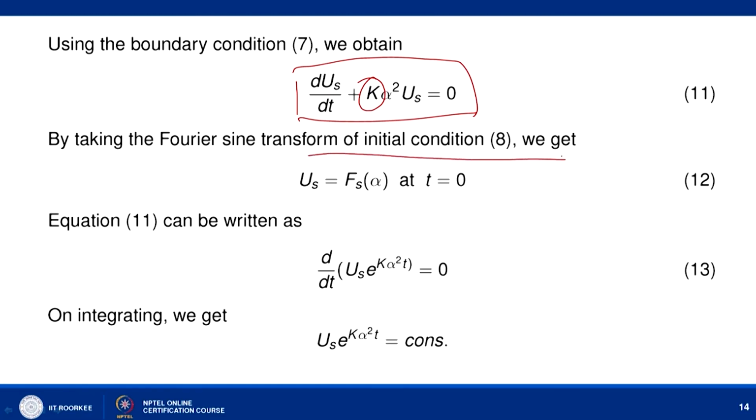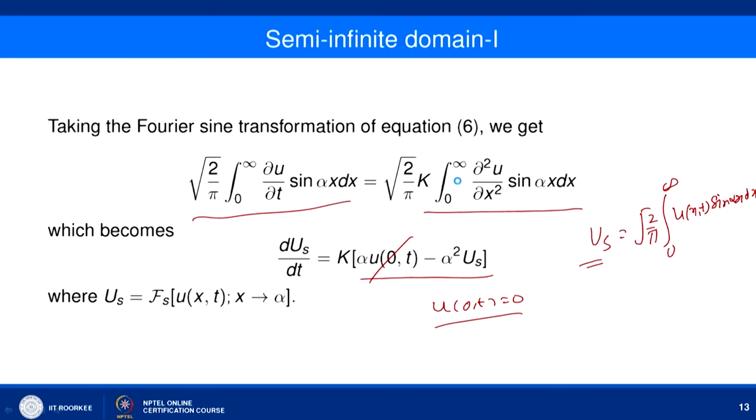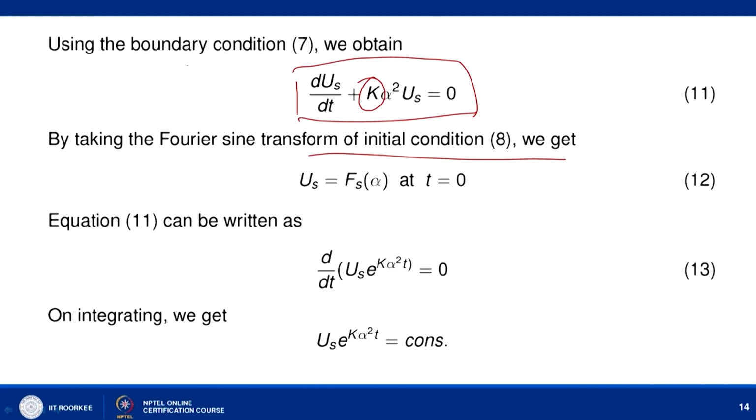by using the initial condition 8, that is u_s equal to f_s(alpha) at t equal to 0. Here our equation is du/dt equal to k times this quantity. Now, this boundary condition is already given as u(0,t) equal to 0. So using the boundary condition we obtain du_s/dt plus k alpha square u_s equal to 0, and we are also given an initial condition.